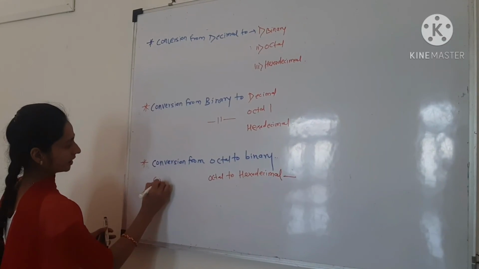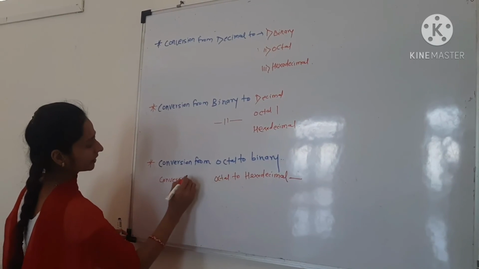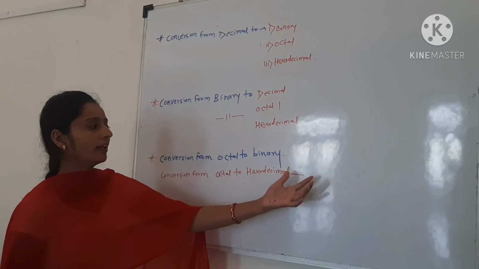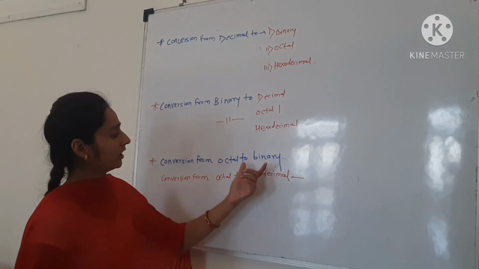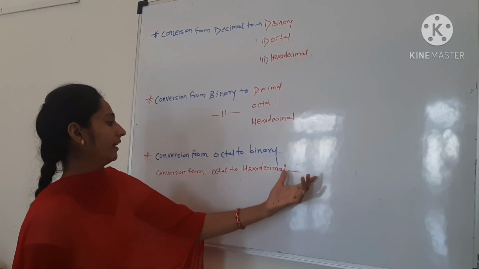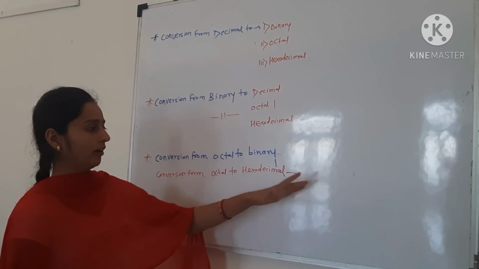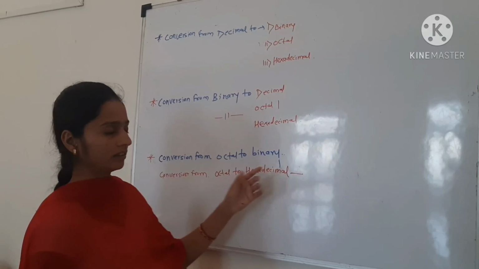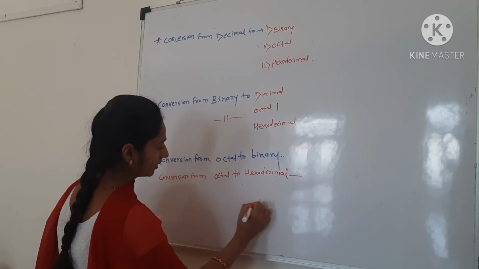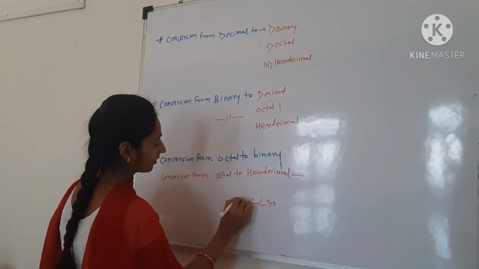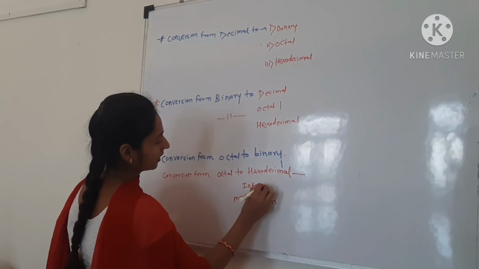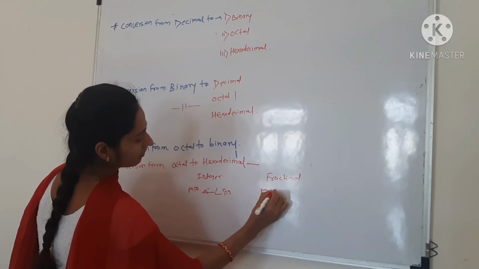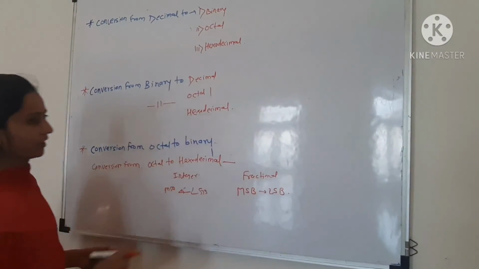In the next conversion, octal to hexadecimal, the only difference is the grouping size: in one case it was 3 bits and in the other it is 4 bits. Otherwise the process is the same: for the integer part we start grouping from the least significant bit, and for the fractional part from the most significant bit.